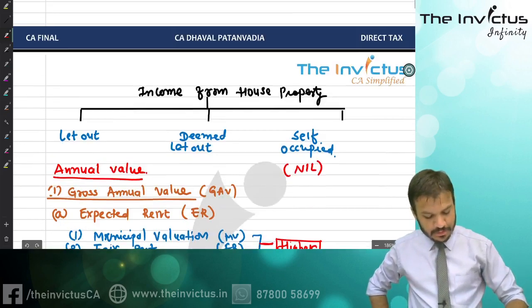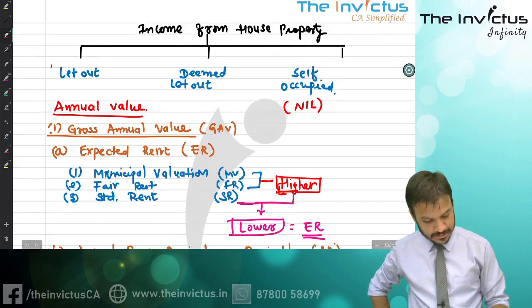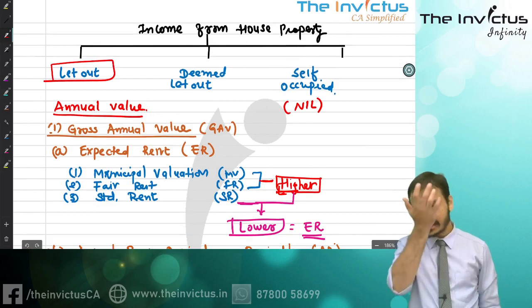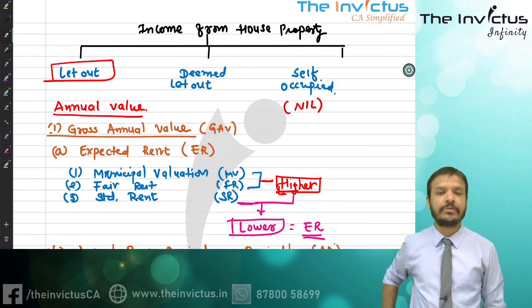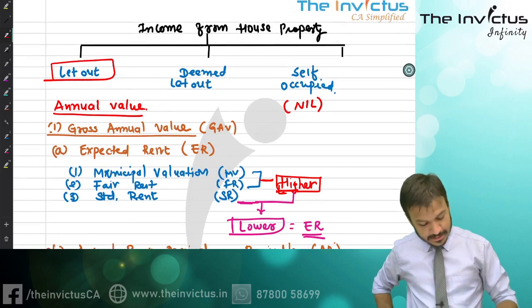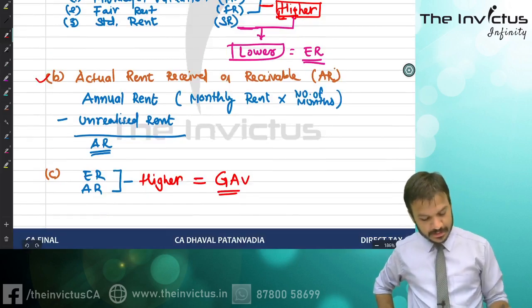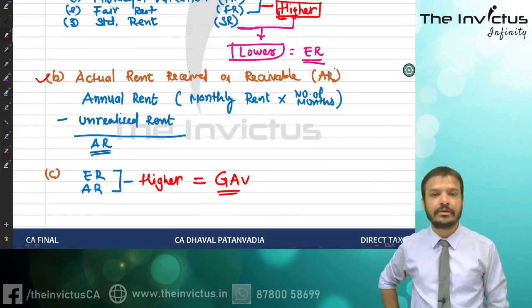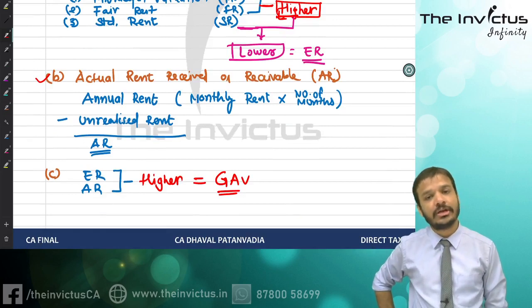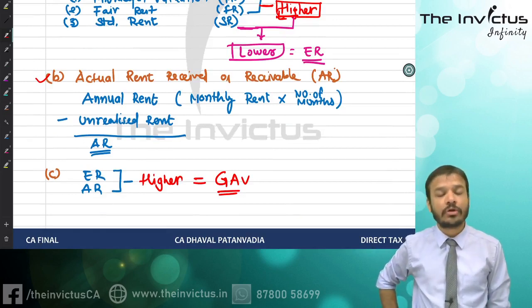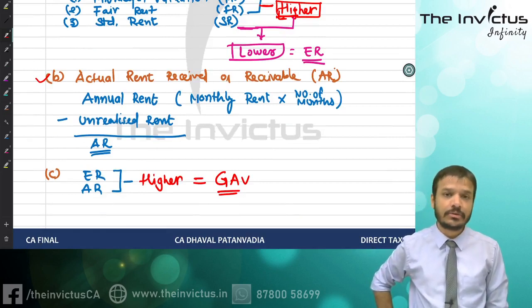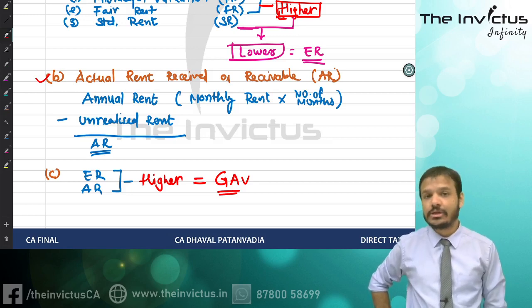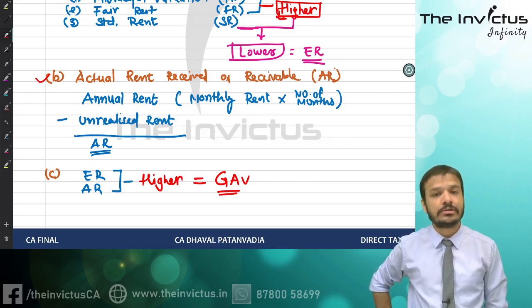Now this is all about let out property. In case of deemed let out property, the difference is only that there is no AR, because the property is not actually let out during the year, so there is no question of actual rent received or receivable. So in that case your actual rent received or receivable will be nil.